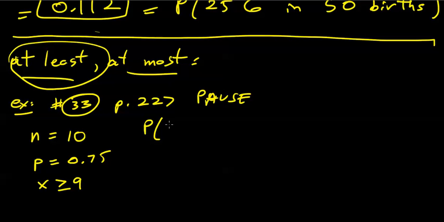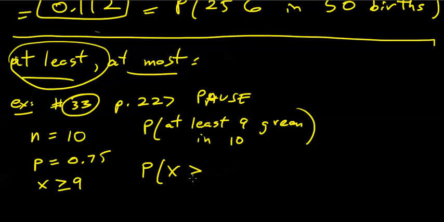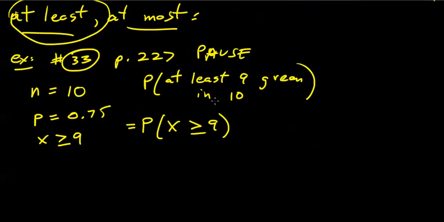Let me write that down in a little informal fashion. We want the probability of at least 9 green pods in 10. Well, I can put that in statistics symbols. I say that's equivalent to the number of successes, and remember X is your number of successes, being greater than or equal to 9. Well, I can say then that's the probability that X is 9 or X is 10, right?